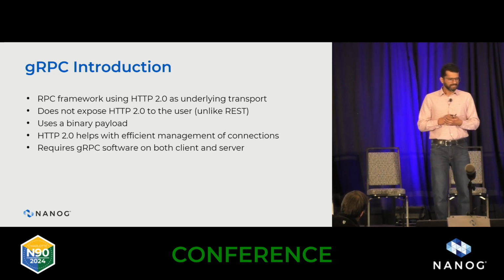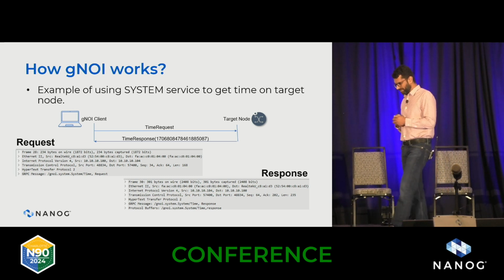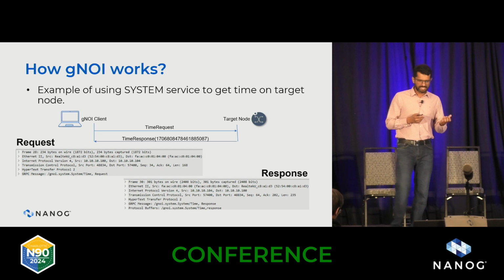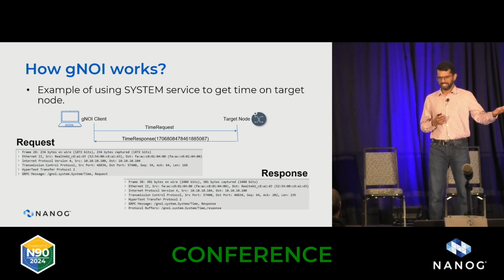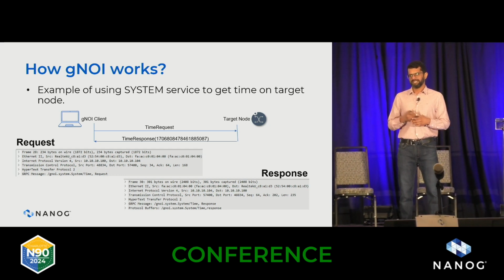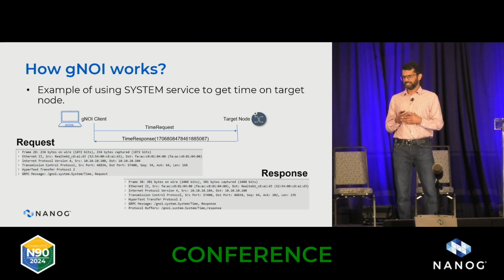Okay. Now let's look at GNOI. How does it work? Right. So we mentioned we need a client and a server. Okay. So in this case, we have a client running on our laptop or a Linux machine that understands GNOI, and then we have the target node, which is a router that again understands GNOI.